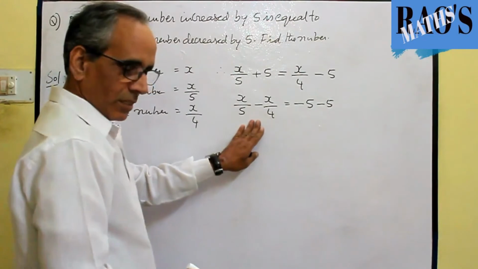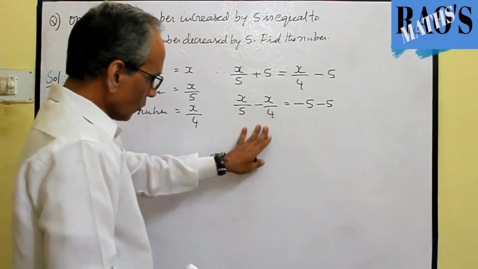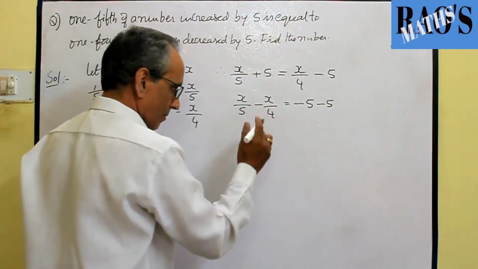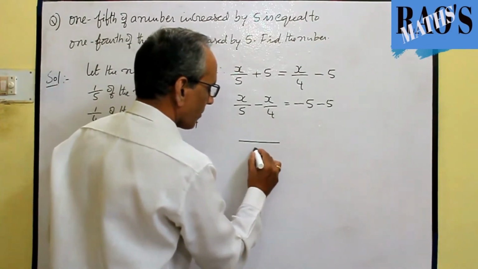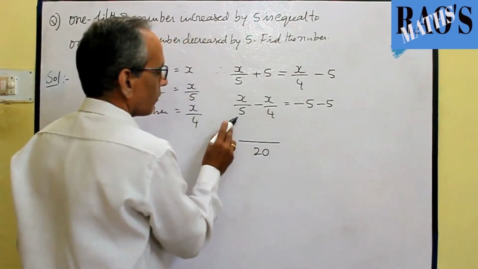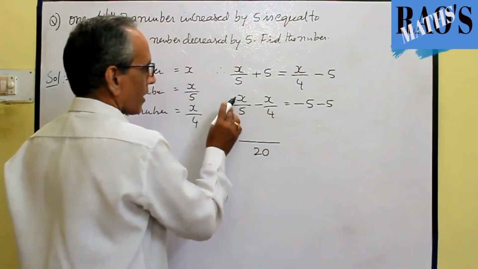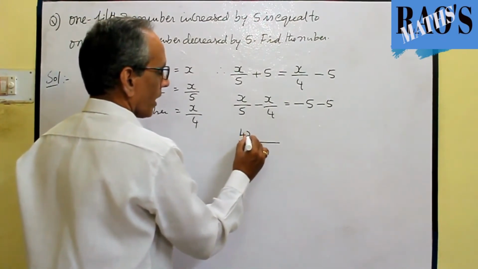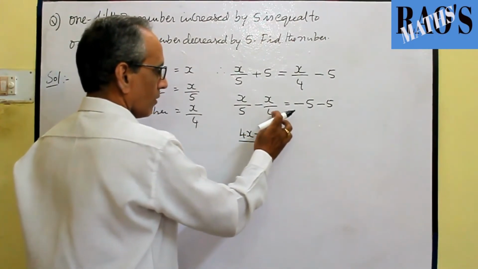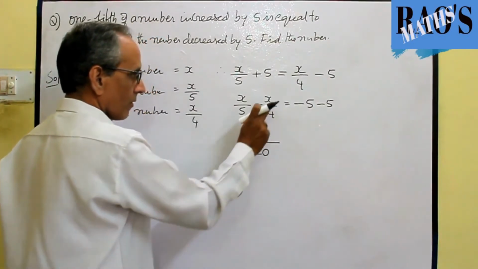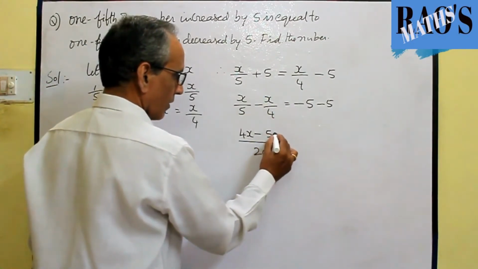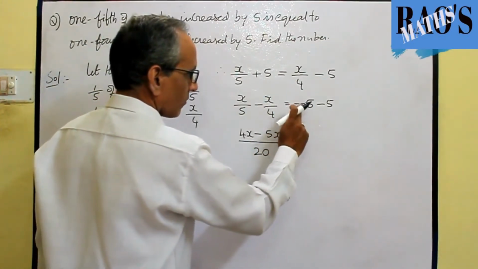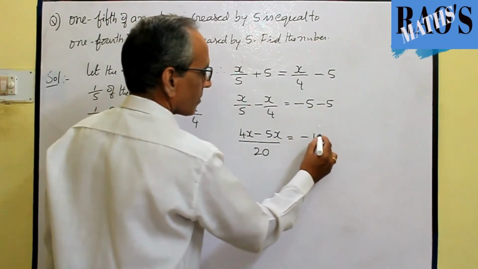I have to subtract these two fractions. Here the LCM is 20. 5 four times, 4 times x, 4x minus 4 five times x is 5x, which is equal to minus 5 minus 10.